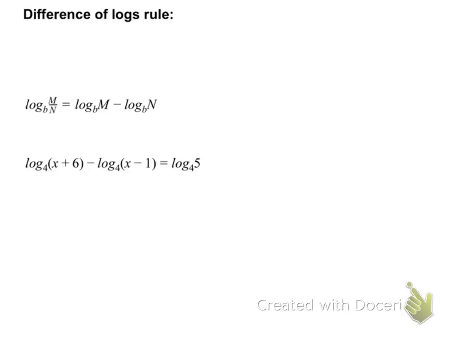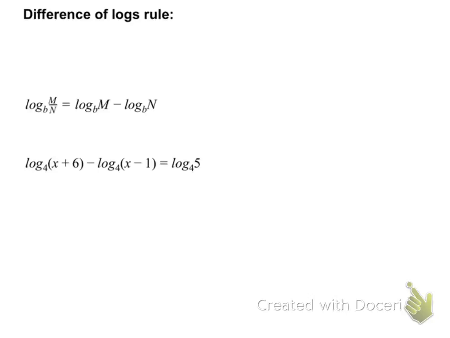And vice versa: if I see two logs with the same base being subtracted, the one being subtracted goes underneath. You divide the numbers, so m divided by n, and I can write them as a single log.